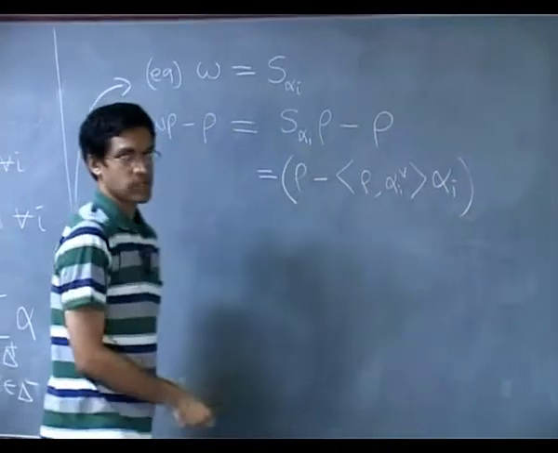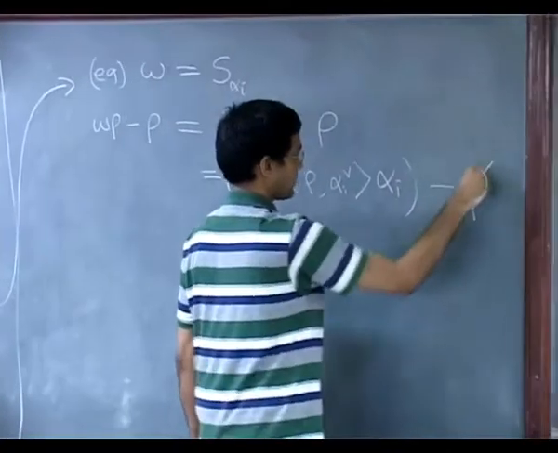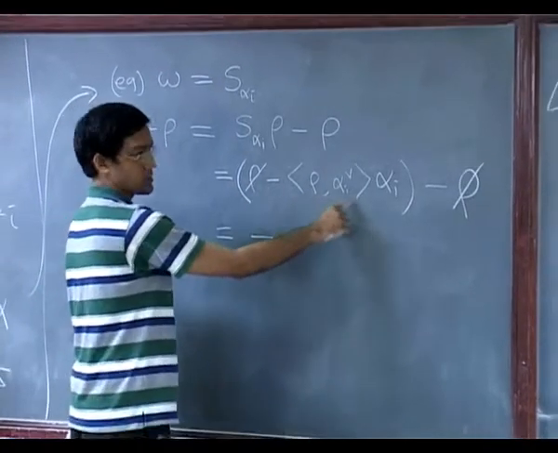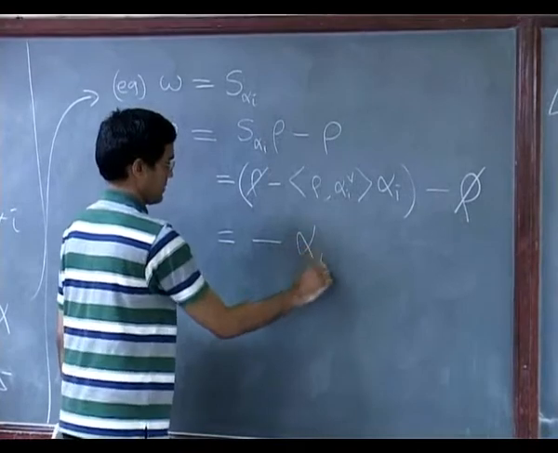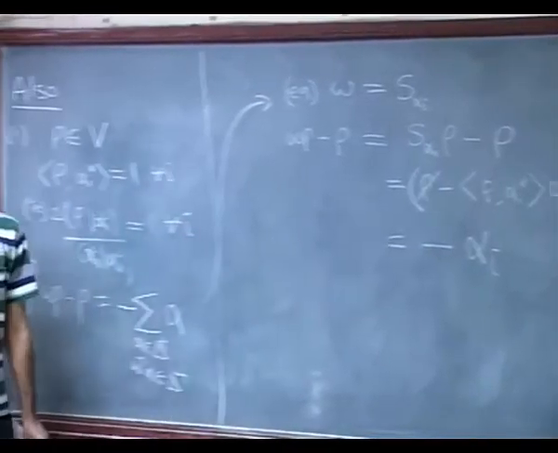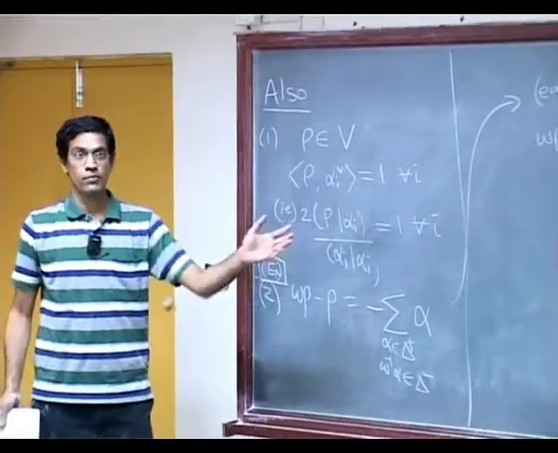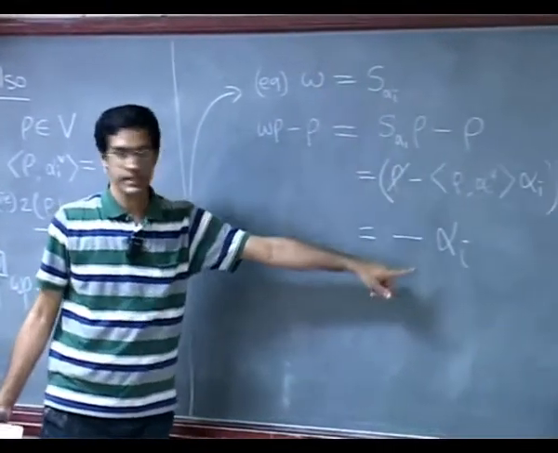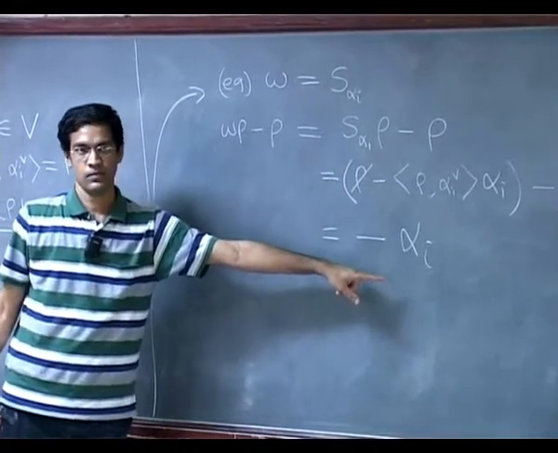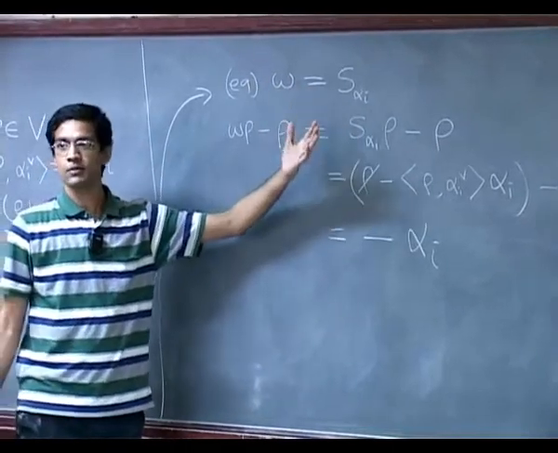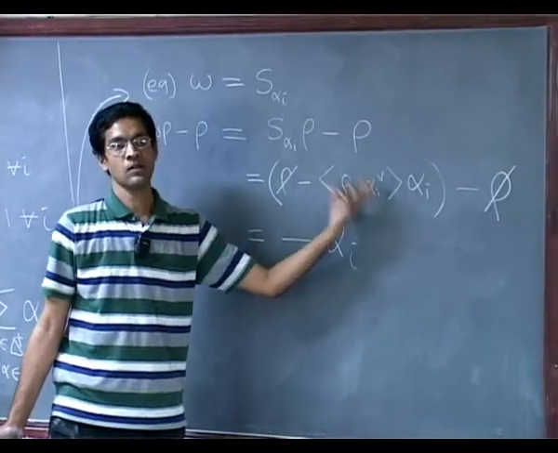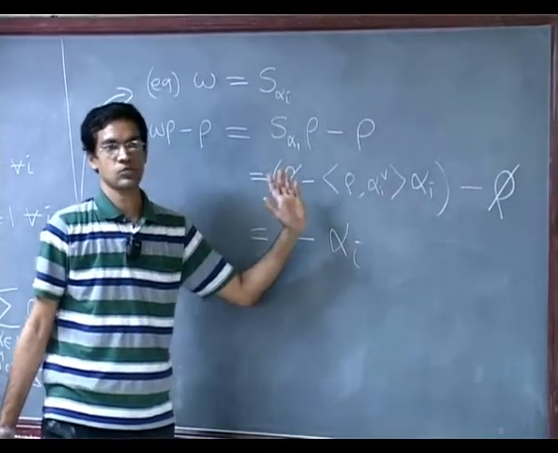That's this reflection, and then I subtract the rho from it. So it gives me minus, and this number is 1 by definition. Okay, so W rho minus rho, when you do this calculation for this particular W, the answer turns out to be minus alpha i. And notice I never used anything about rho other than the fact that the inner product of rho with alpha i check is 1. This is all that went into the calculation, nothing else was used.